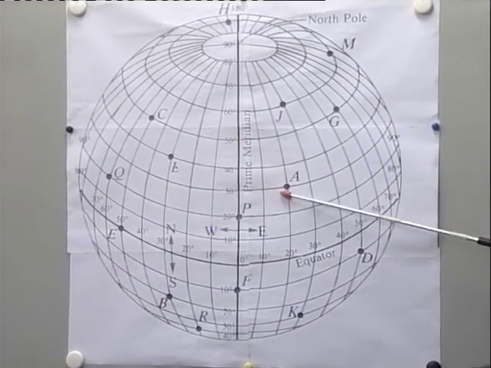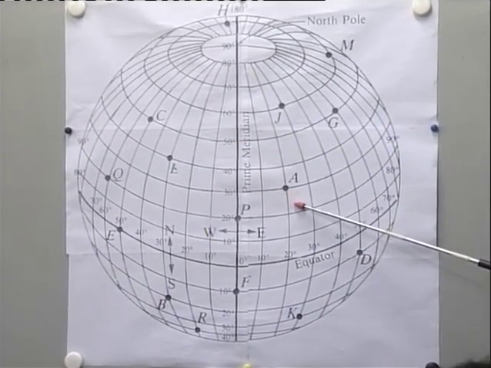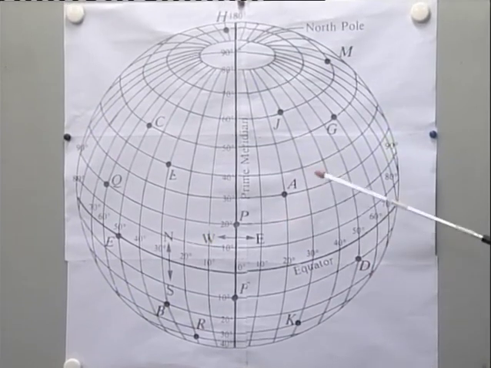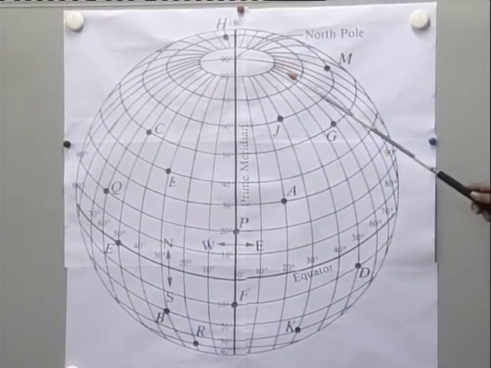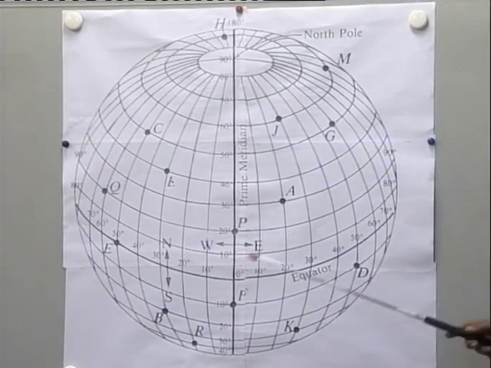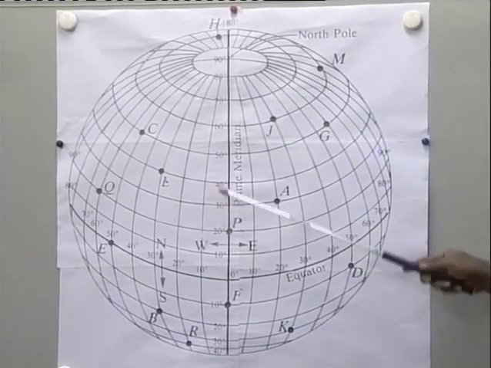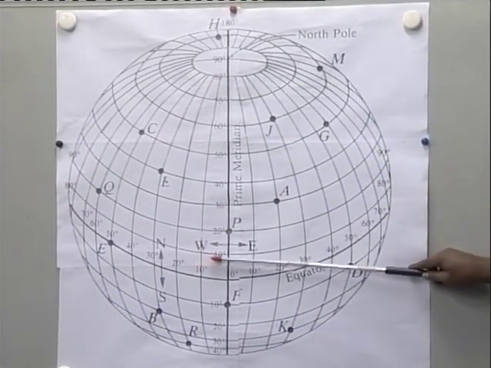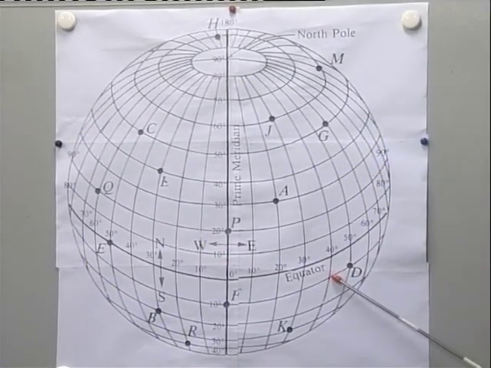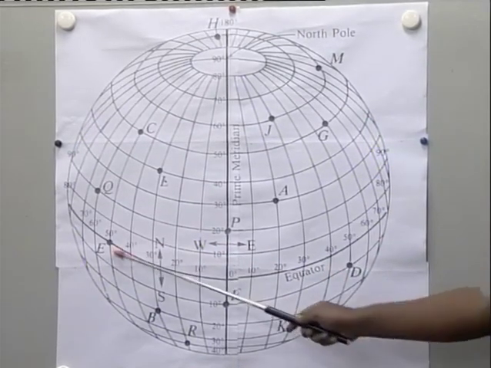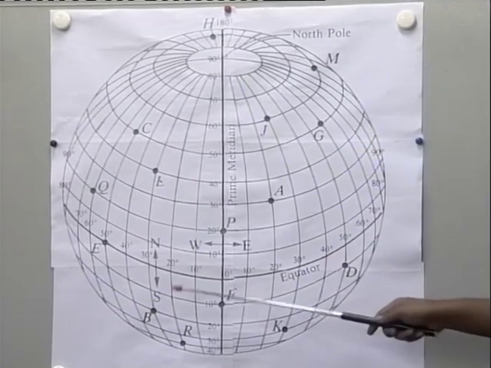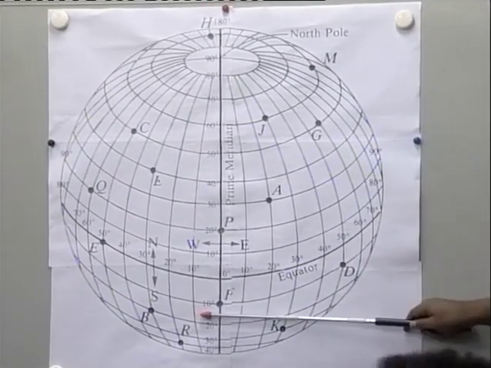So when you get a reading, you have to mention how many degrees plus the position, either north or south. For example, A, 30 degrees north of the equator. Is that clear? Because the equator is the line that cuts north and south.